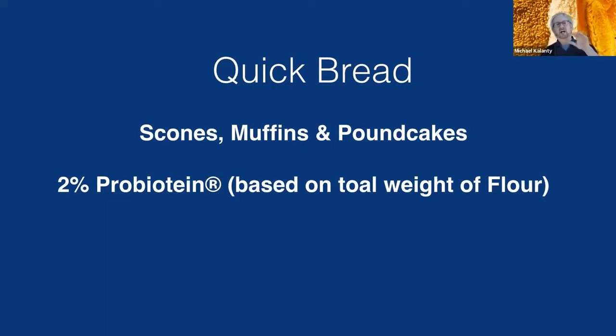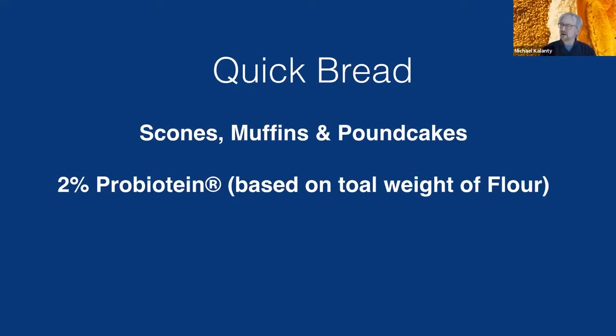So I took, again, the usual suspects of what you would see in a quick bread case in a morning pastry repertoire, and I tried different percentages of the ProBiotein powder. What I came up with was about 2%.